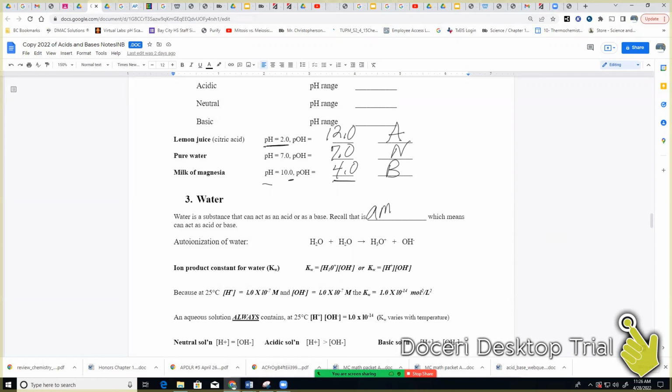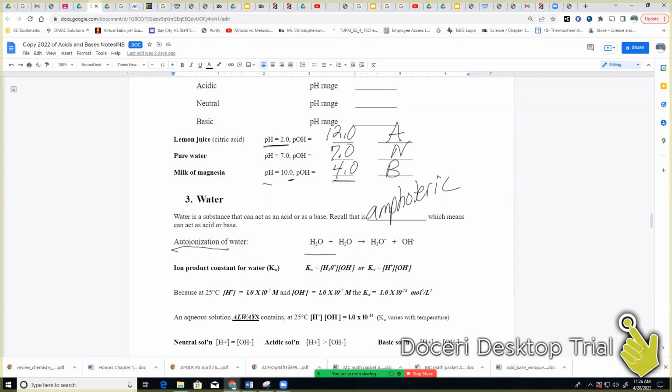Yesterday we learned that water is amphoteric, which means it can act as an acid or as a base. And because of that, when you have a cup of water, a glass of water, pool of water, whatever you have, it will go through a process called auto-ionization. So auto means kind of spontaneous. You don't have to put any energy in it. And ions are going to be our charged particles.